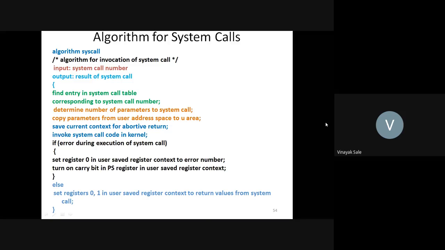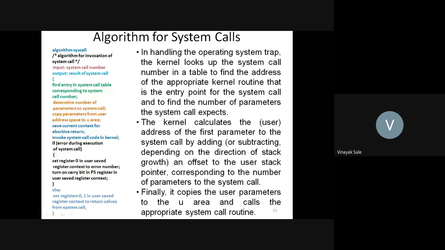So in handling the operating system trap, the kernel looks up the system call. The kernel looks up the system call number in a table to find the address of the appropriate kernel routine, that is the entry point for the system call, and to find the number of parameters the system call expects. The kernel calculates the user address of the first parameter to the system call by adding or subtracting, depending on the direction of the stack growth.